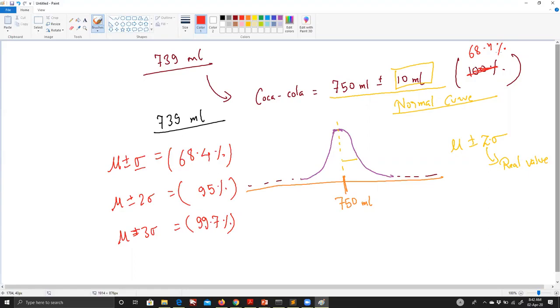Why? The sample size is less. Not exactly. They are mentioning 10 ml as, let's say, for standard deviation only.